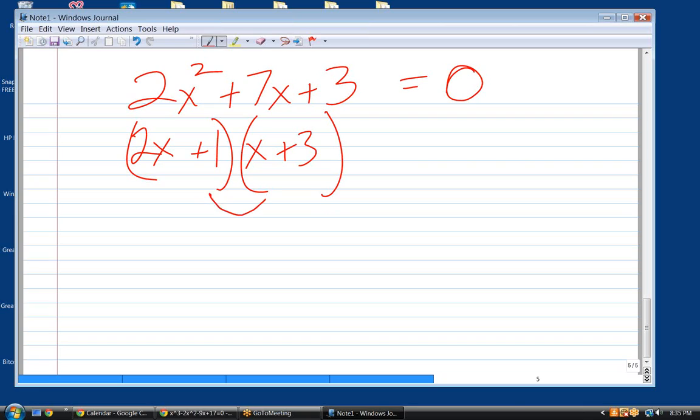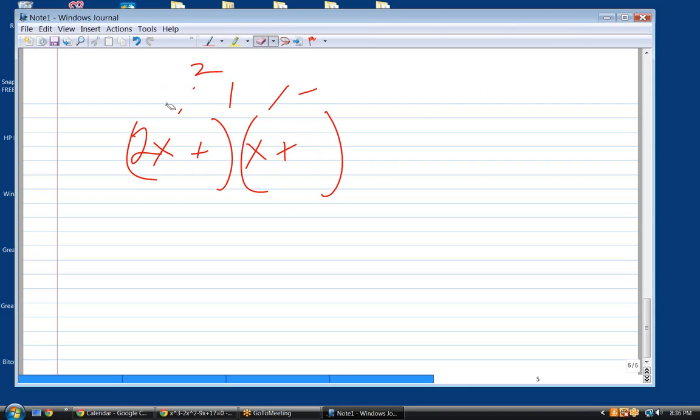In other words, that produces the correct middle term. When you said no, had you tried all combinations? You need to try a 3 here and a 1 there, and the only other combination is a 1 there and a 3 here. So there's really only 2 combinations to try on that problem.